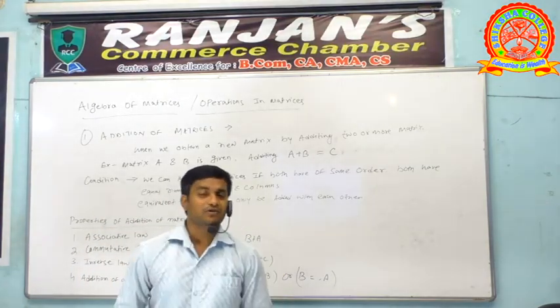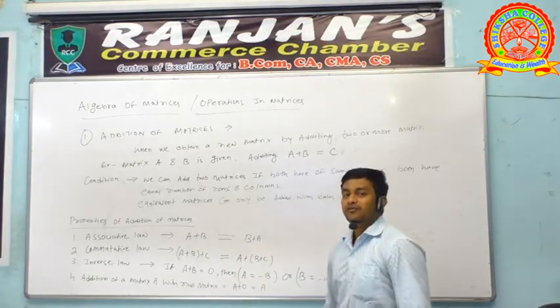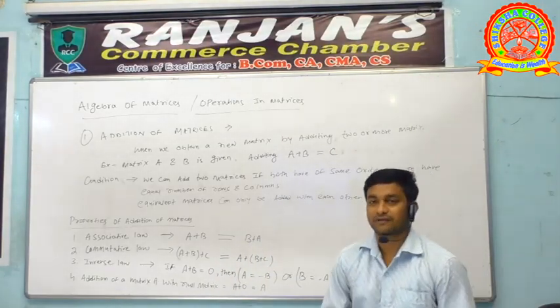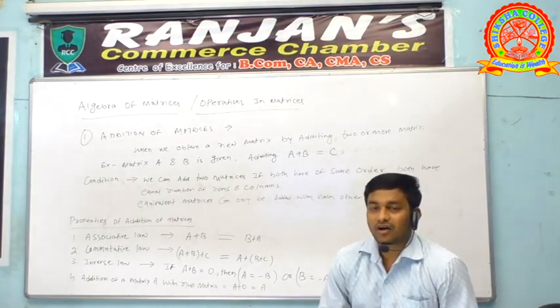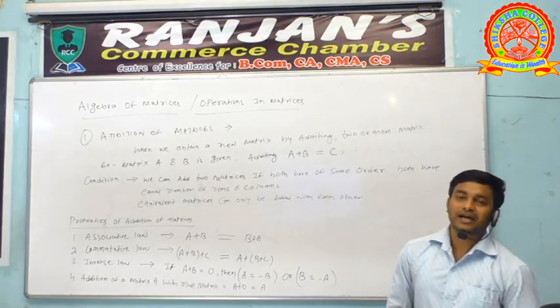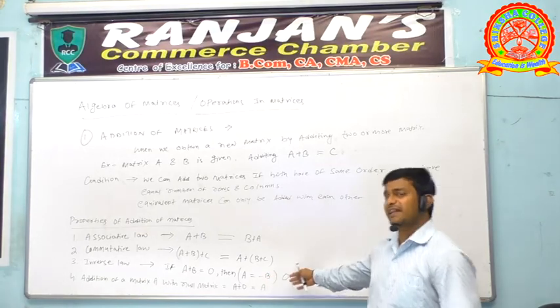So I request you all, please take your own example and prove this property by yourself, because if you do it yourself, then only your concept can be clear. This is not a difficult task, very simple.